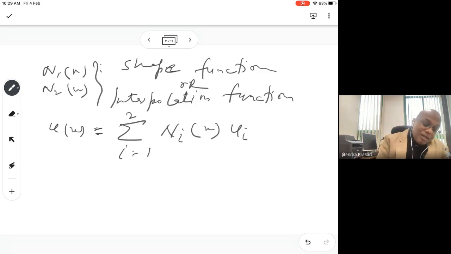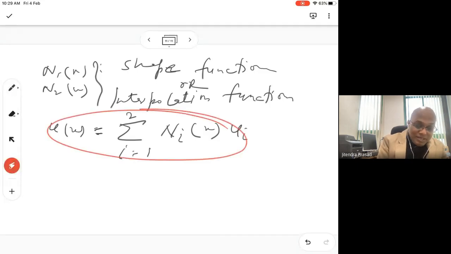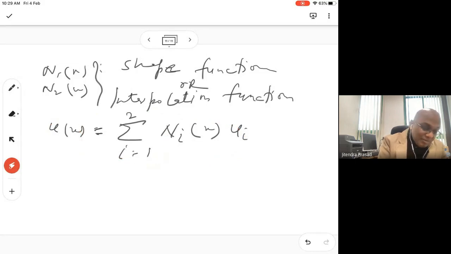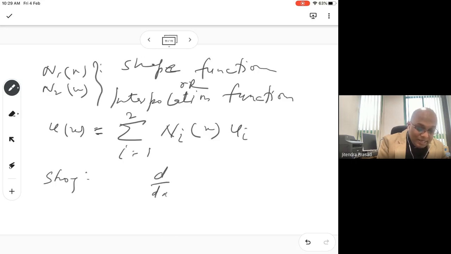Okay. Now we can go back to the Galerkin method. We just formulated it this way, and now we will use the Galerkin method. From the weak formulation, you know that the equation remains the same. We have the strong form d over dx of EA du over dx, plus b(x) equal to 0.